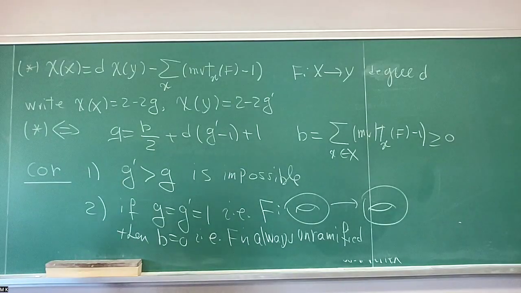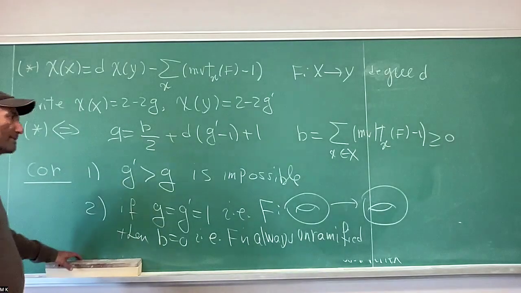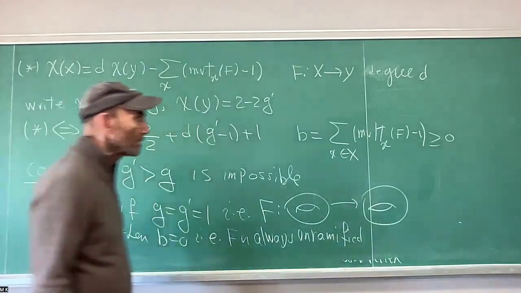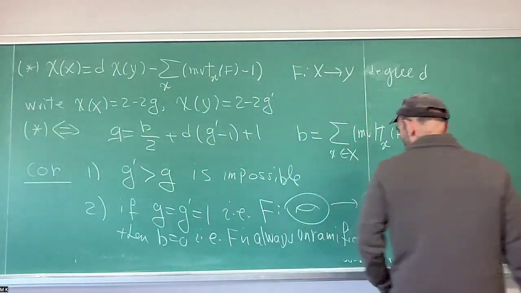So the next case that's important is to consider maps from a general Riemann surface into a surface of genus 0, into C hat. And these are actually very important maps.